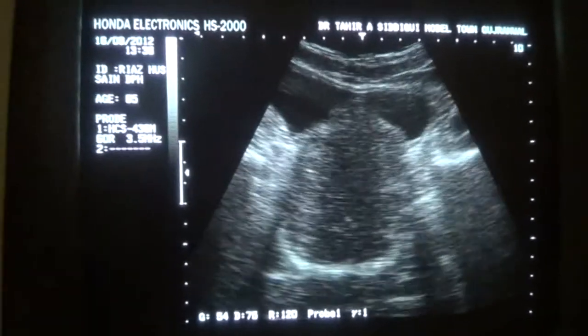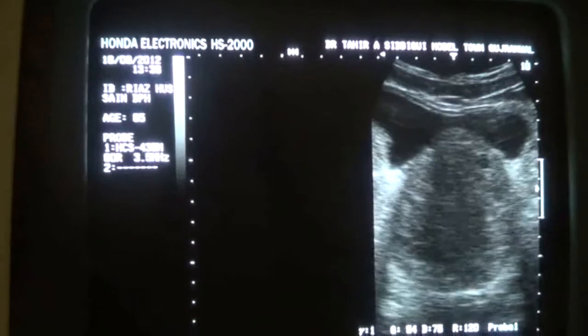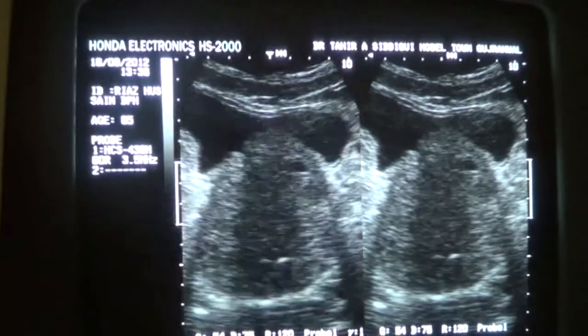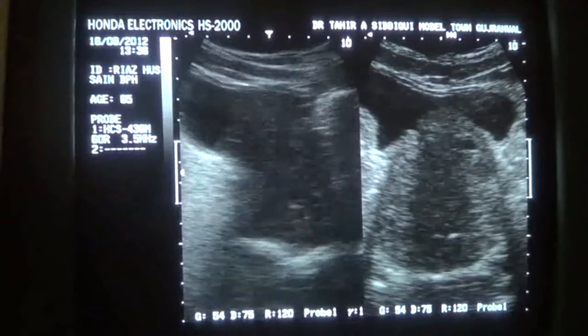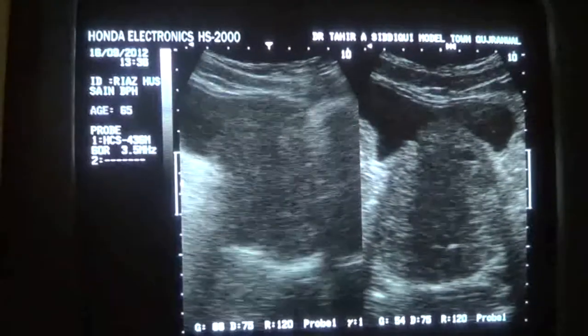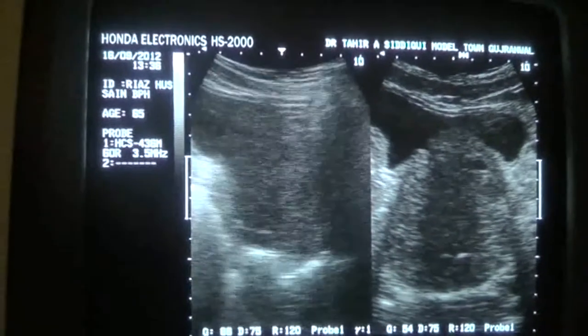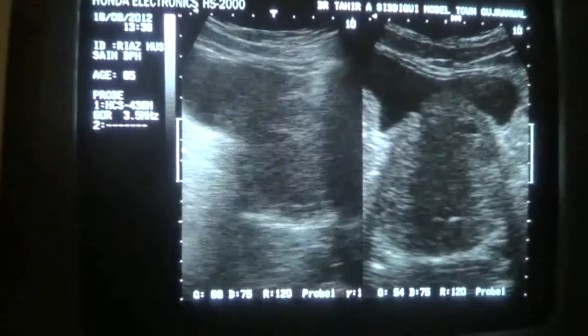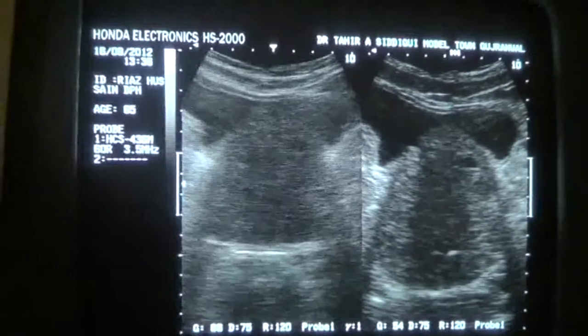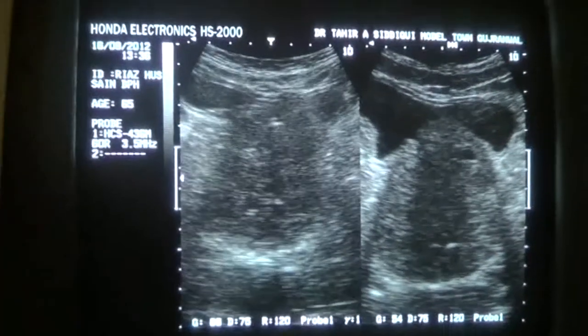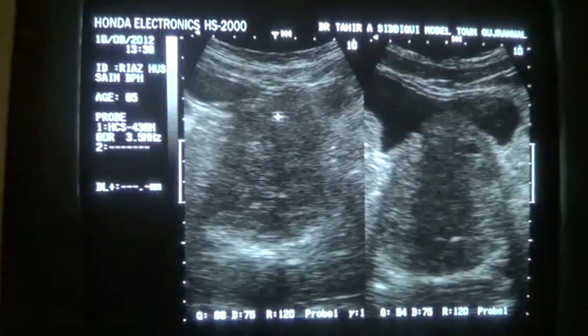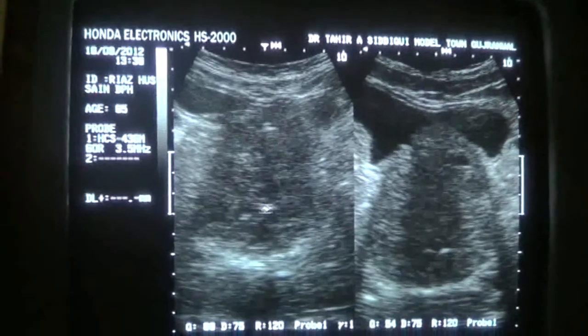Now this is the transverse section of the prostate, and this is the longitudinal section. I have rotated the probe 90 degrees. In the transverse section you see that there are tiny calcifications. This is a calcification.